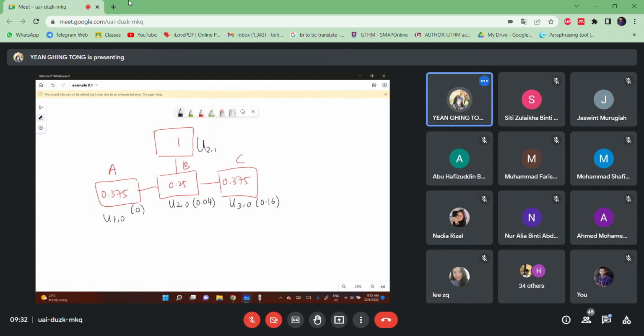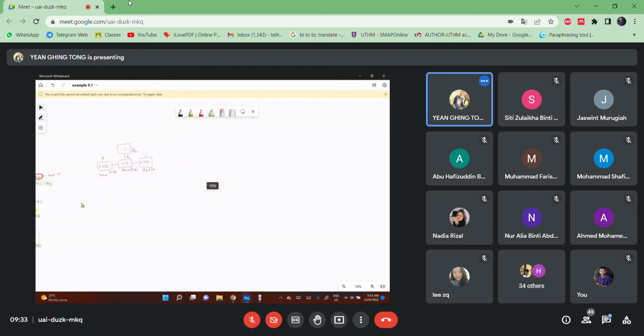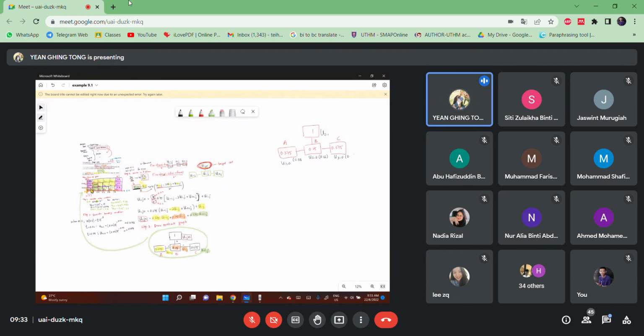And this is 0.04, bawa ke sini. And this is 0.16. And this value, that means satu lagi value just now, U30, is 0.36.